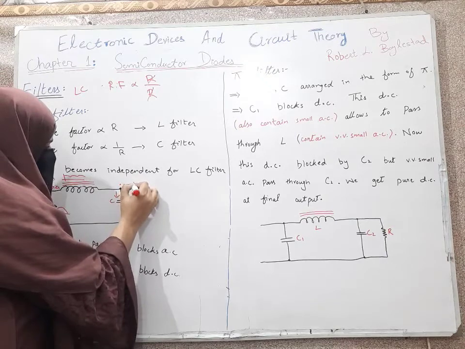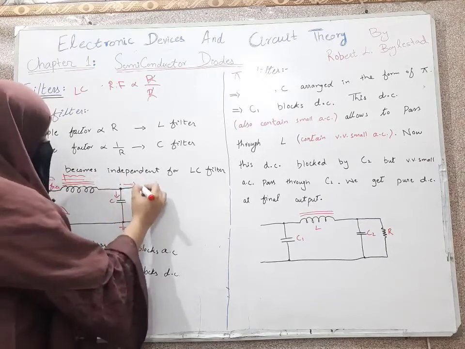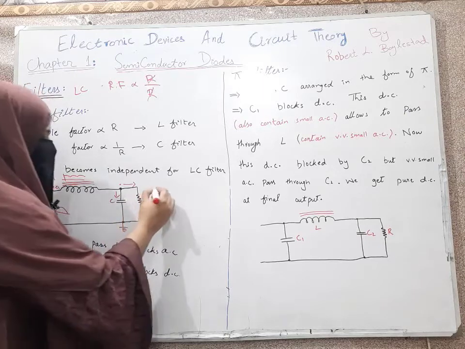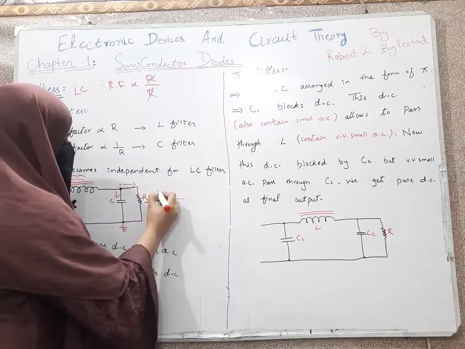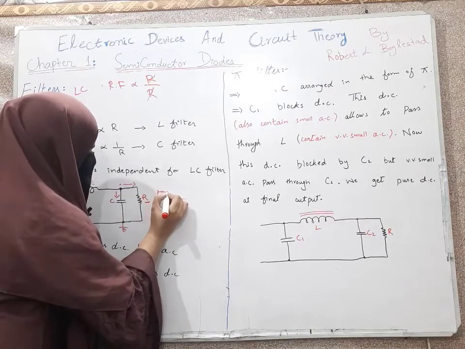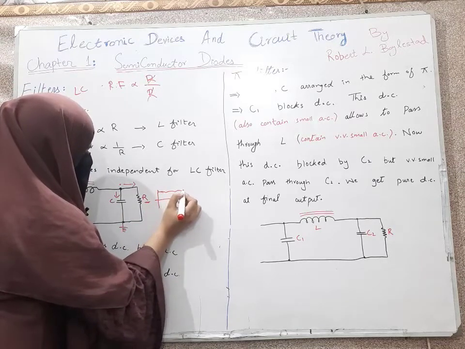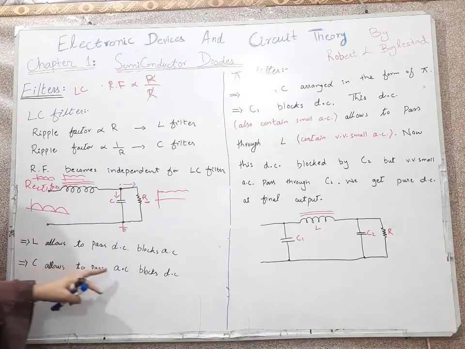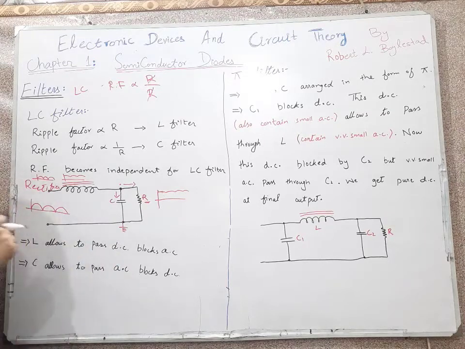The DC component will pass here and approach the load resistance, and we will get the final output in the form of DC like this. It will contain a very small amount of AC. Now L allows DC to pass and blocks AC. C allows AC to pass but blocks DC.